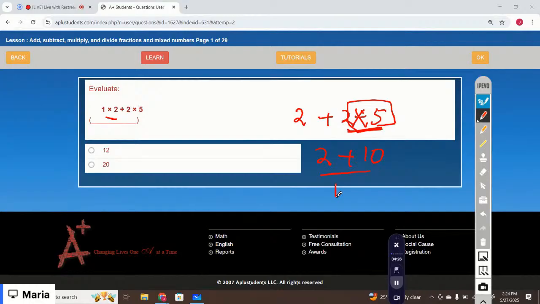And we have to add, so that is 10 plus 2 is 12. So option number 1 is the correct option.